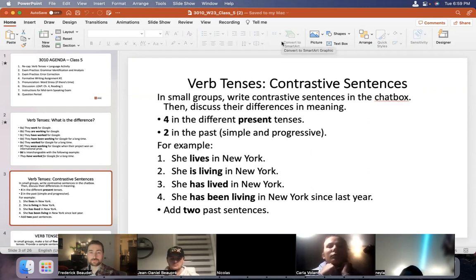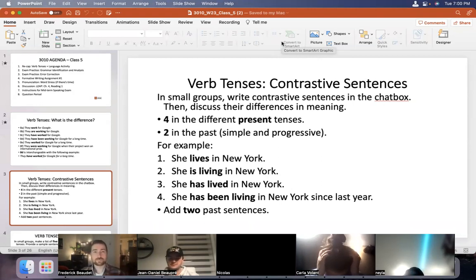I lived in Ottawa 2 years ago. No. And this is important because I need an auxiliary to ask a question. Do you understand that? And when I don't have an auxiliary, I have to use do, does, or did, depending on the context. Is that clear for everybody?